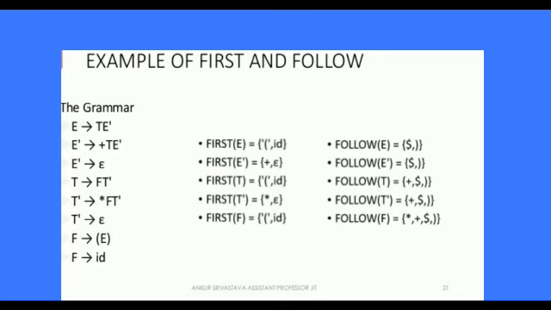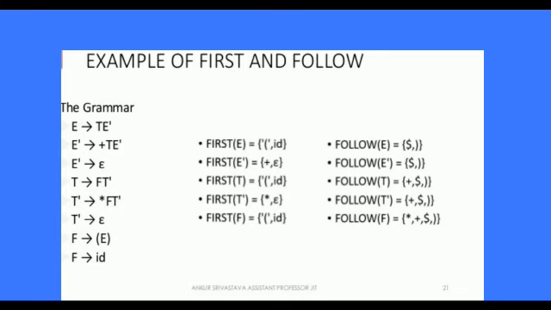In the third step, first of capital T, the capital T value is capital F and T dash. And coming to T dash, star F T dash is there, and T dash is epsilon, and F is again open parenthesis and ID.